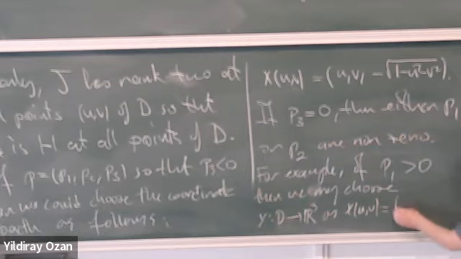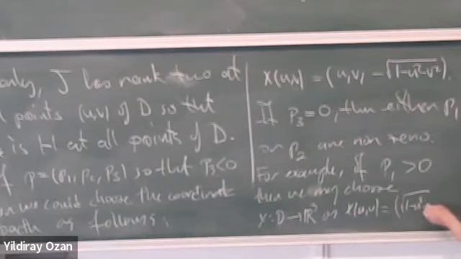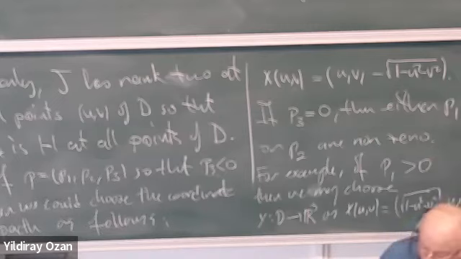Well, okay, so this will be just 1 minus U squared minus V squared, and I take the positive square root since P1 is positive, and then UV here, okay? So you would choose this one. And I guess you understand the game, right?